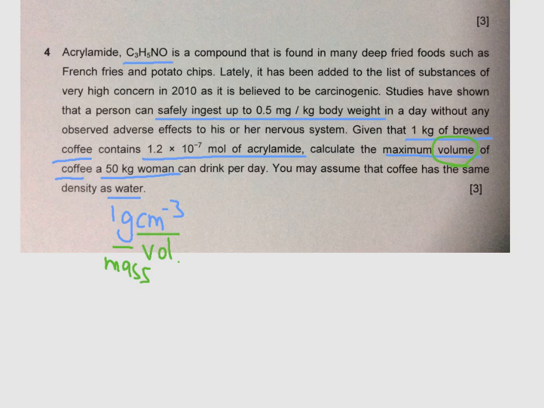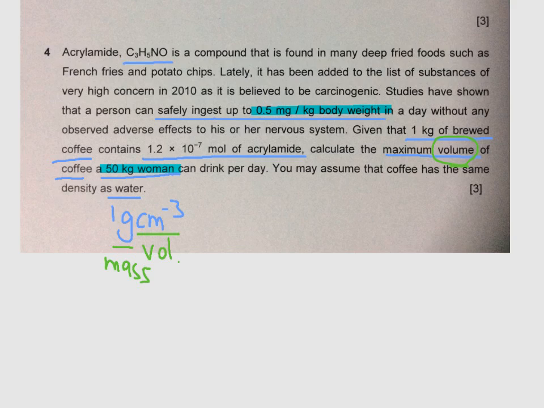If I'm you, the first thing that I will link out in this question will be the 0.5 milligram per kg body weight and this 50 kilogram woman, because body weight means the weight of a person. So this is the only way to link the two pieces of information up.